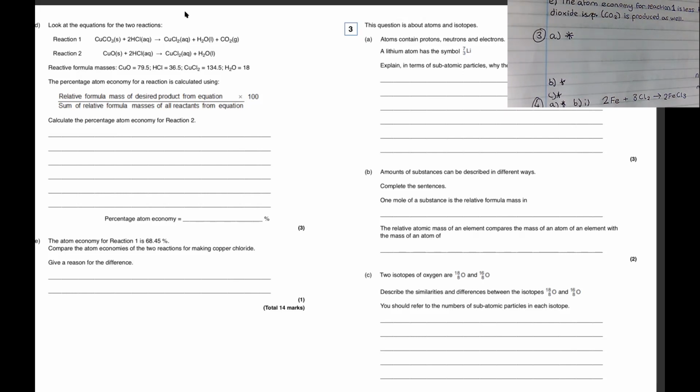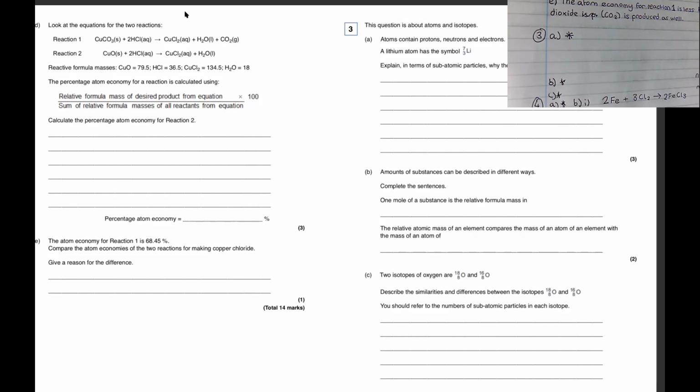So what's the third point? It says explain in terms of subatomic particles, so you're talking in terms of protons, neutrons, and electrons. You've already made the point that the mass of an atom is mostly concentrated in the nucleus, number 1.